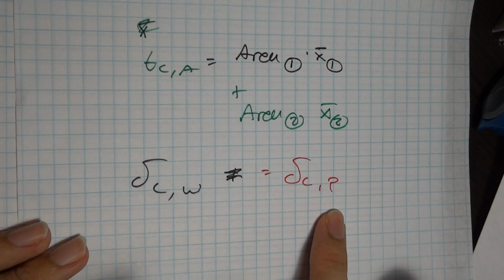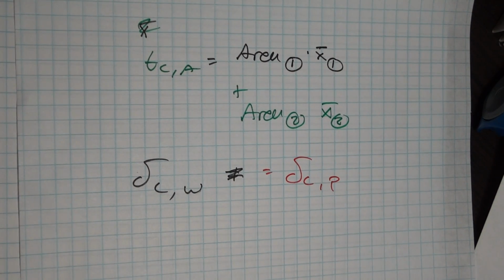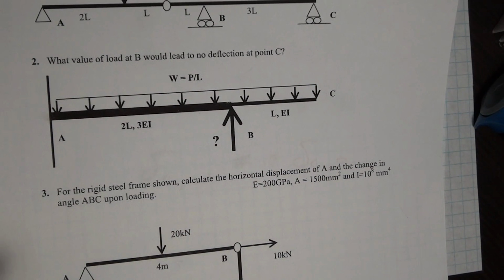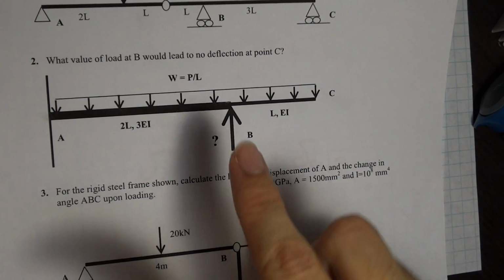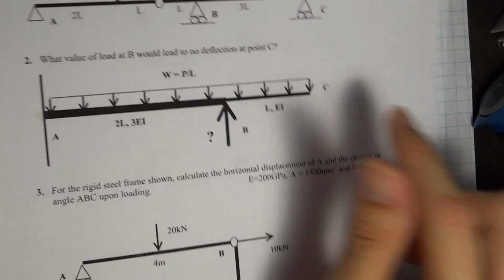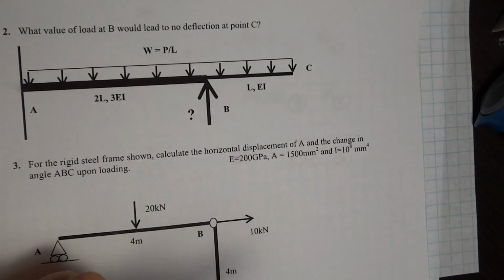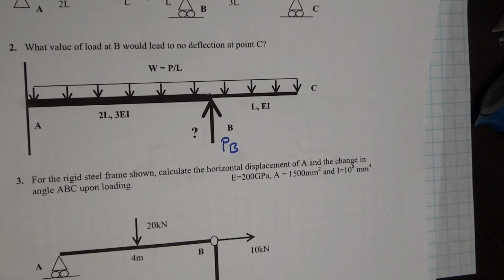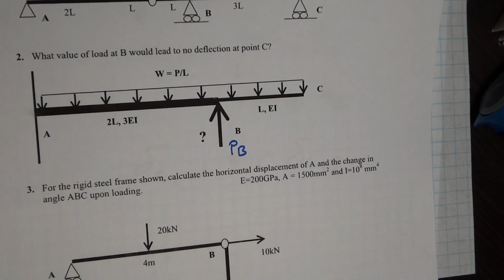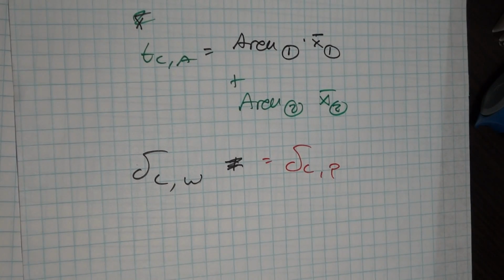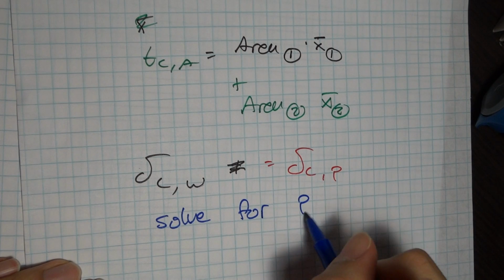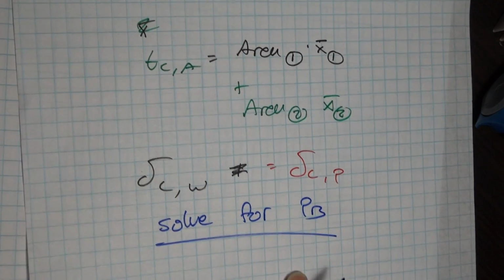You're going to set these two equations equal to each other and solve for P. So you have some unknown force here. You have P up here as well, so I don't want to use P twice, but let's call this PB. Solve for PB.